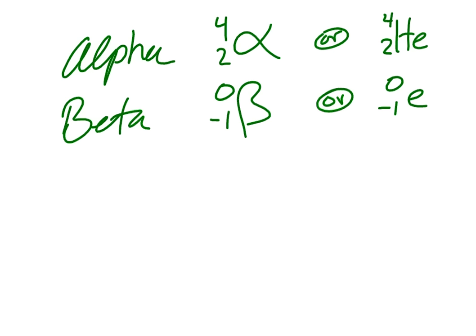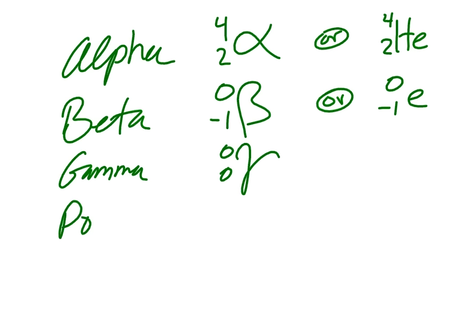We have gamma decay, which is 0 0, and there's no other symbol for that. And then you also have a positron, which is 0 1.